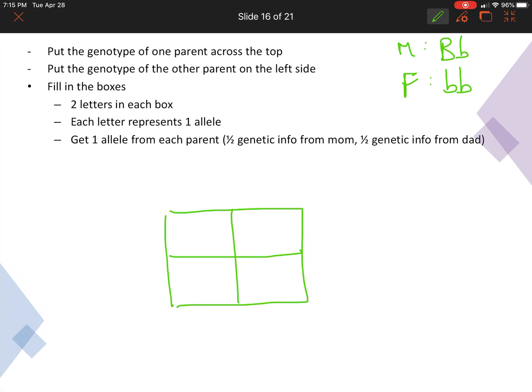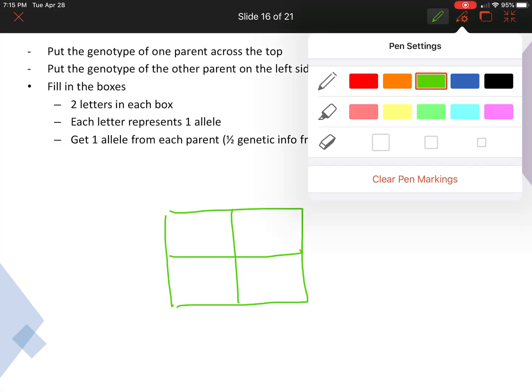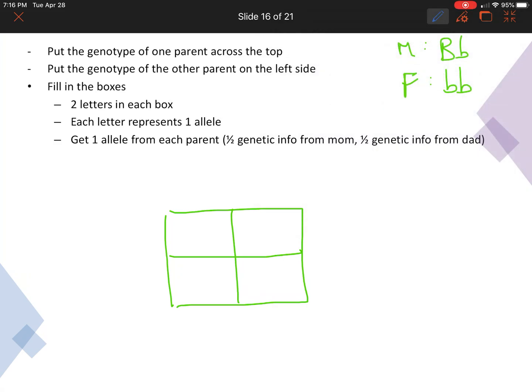Next step, you're going to put the genotype of one parent across the top. I'm going to put the mother across the top. She has two alleles, so she is going to pass on either a dominant allele or a recessive allele. Now, put the genotype of the other parent on the left side.